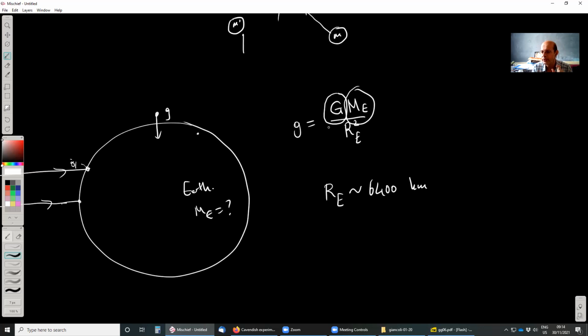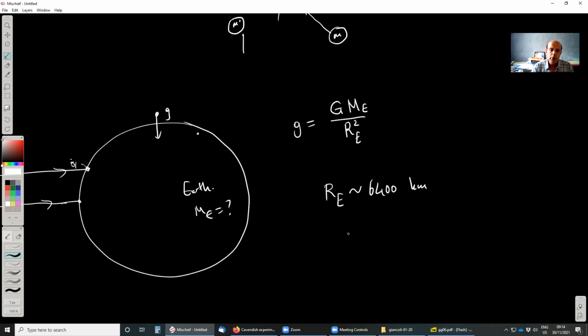Newton had neither of them, so he had to estimate the mass of the Earth and then get an estimate of G. But Cavendish was able to measure the gravitational constant, and therefore, using this known value, he was able to measure the mass of the Earth. As a result, he said that effectively he had measured the mass of the Earth.